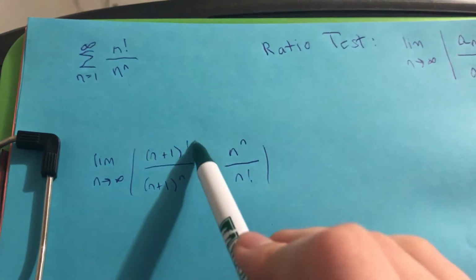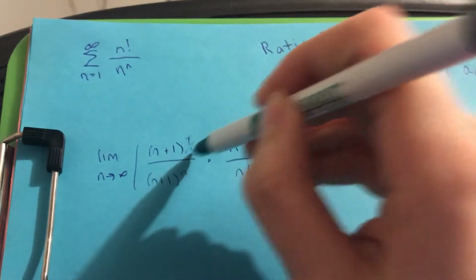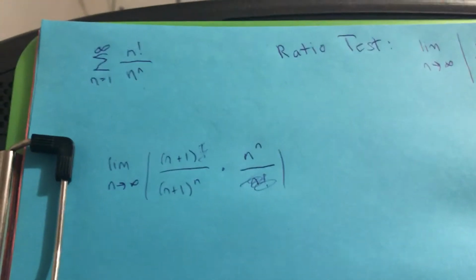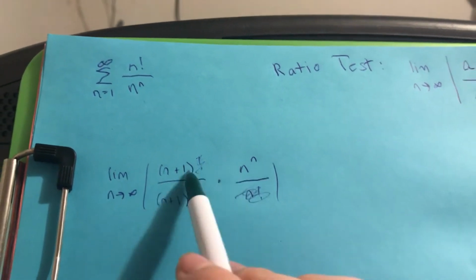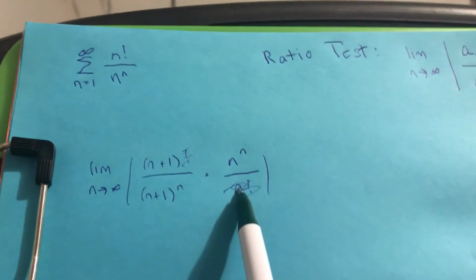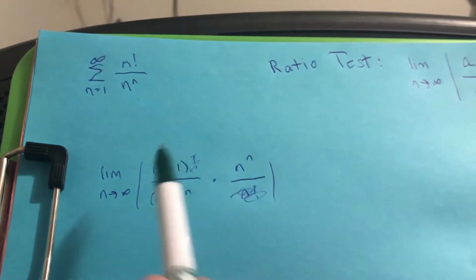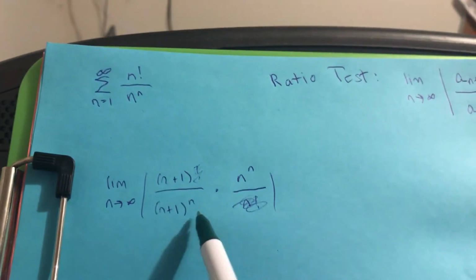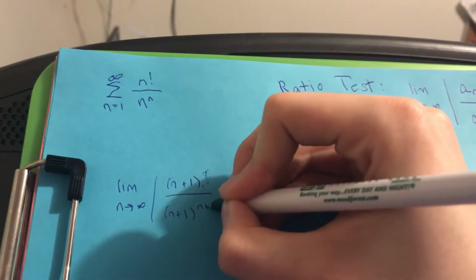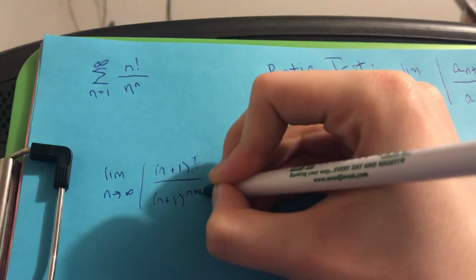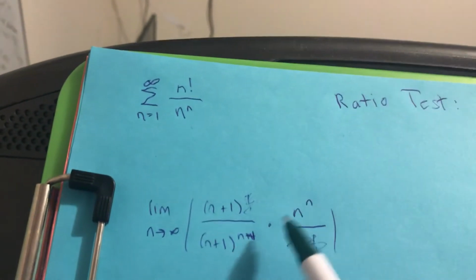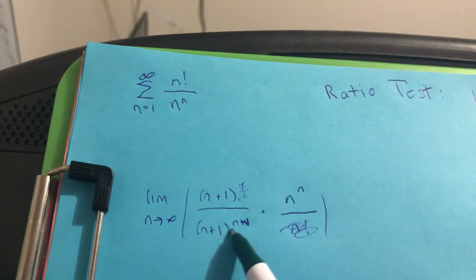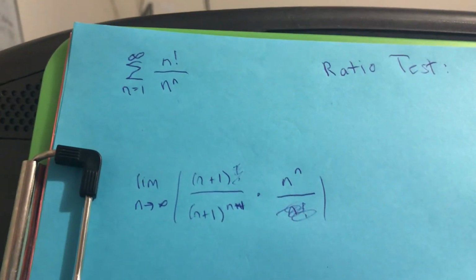Right off the bat, we can cancel those, because everything below n plus 1 factorial is just n factorial, so you can cancel that and leave the n plus 1. And then these, that's n plus 1. Now we can make these both have n in the exponent.